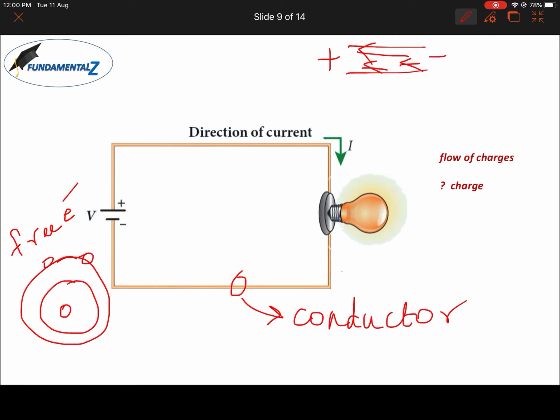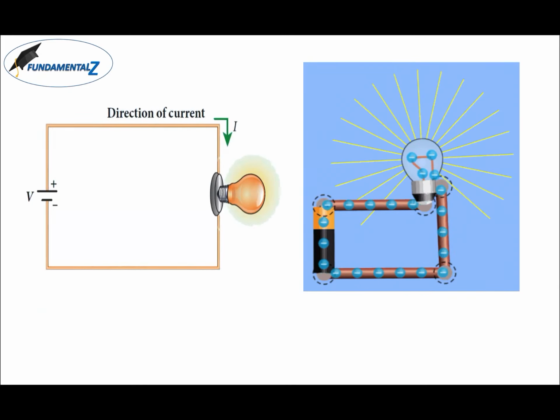Based on this concept, we have seen that direction of current is from higher potential to lower potential, that is positive to negative of the battery. But how do the electrons flow? The electrons will flow from the negative end of the battery and go through the bulb all the way to the positive end of the battery.